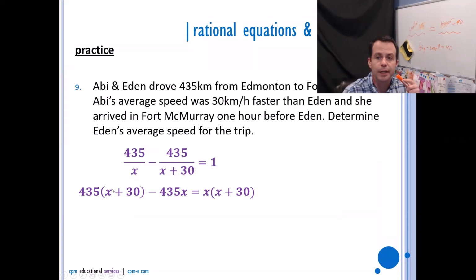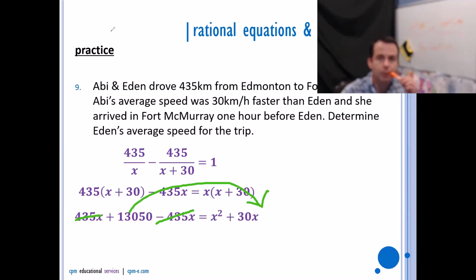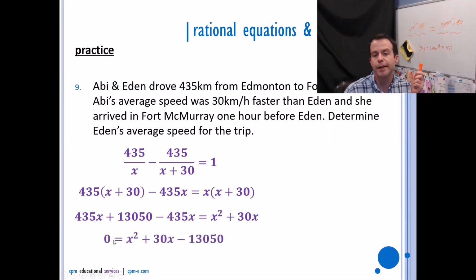Okay, so now I'm going to get rid of the brackets: 435 times x, 435 times 30, x times x, and x times 30. In this one, my 435x's add to 0, so I just have to subtract my 13,050. So I have my quadratic to look at. And so that quadratic should be x squared plus 30x minus 13,050.